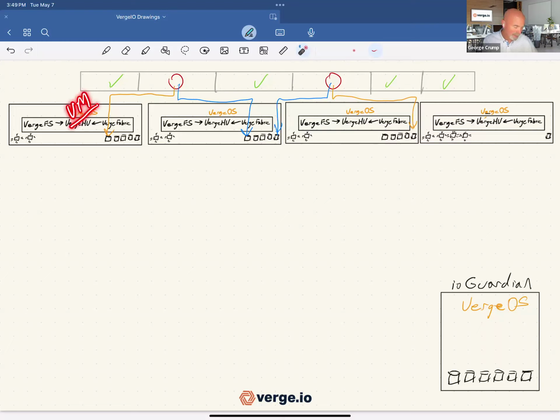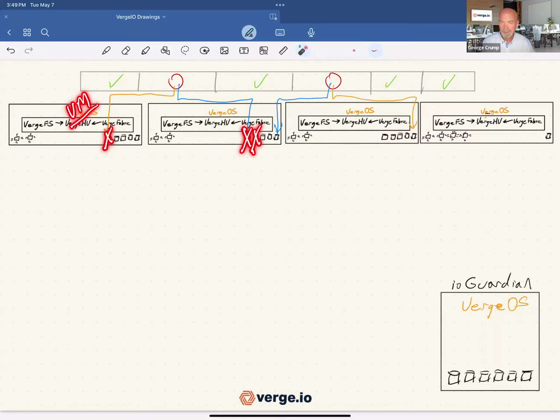So let's say I have this VM running and I lose multiple drives. In normal environments, whether it be a RAID protected system or anything, that VM is probably going to crash, and you're going to need to recover it.